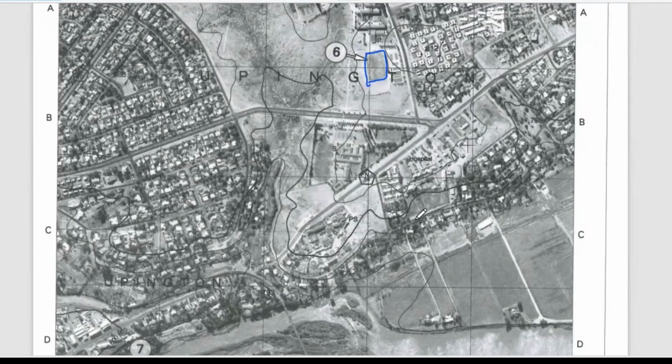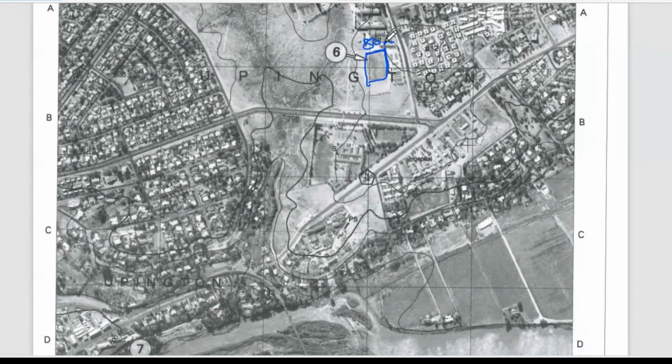The question says calculate the area of the recreational ground labeled 6 on the orthophoto, in blocks A3, A4 and B3, B4, in meters. Use the following information: the breadth is 80 meters. The breadth means the width, which has been measured for us as 80 meters. So what we need to do here is to find the length.